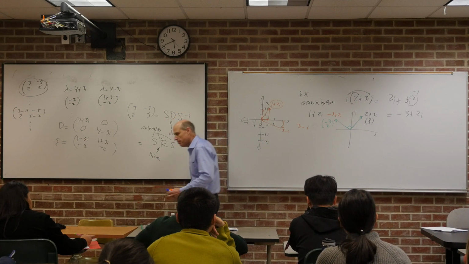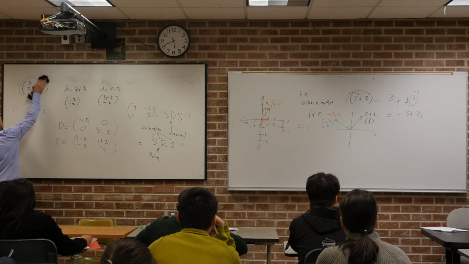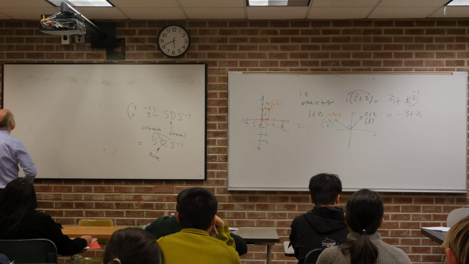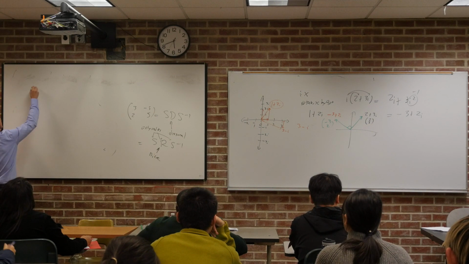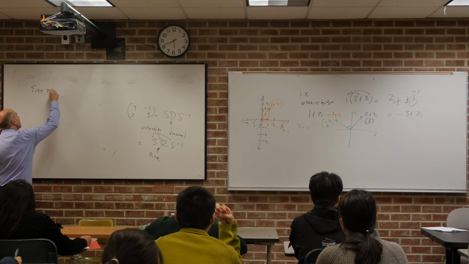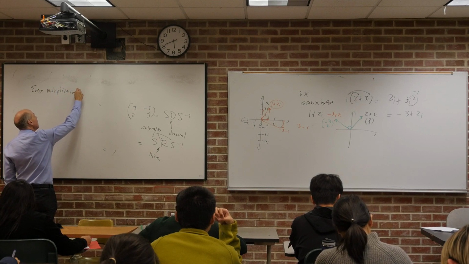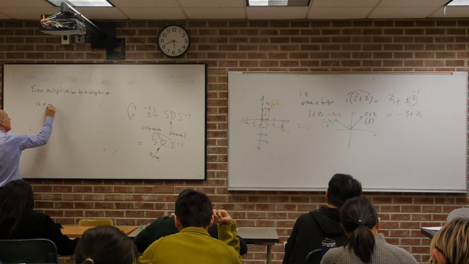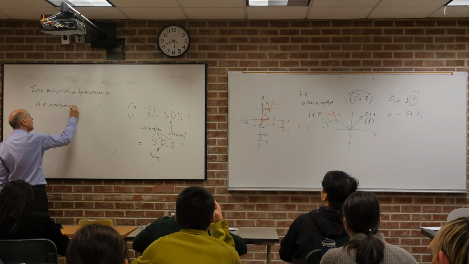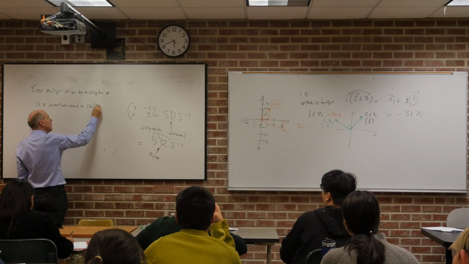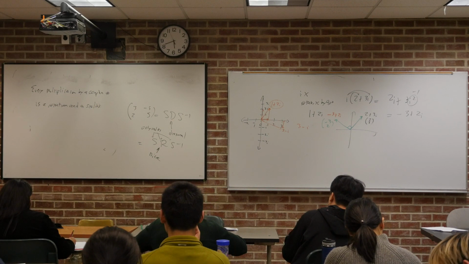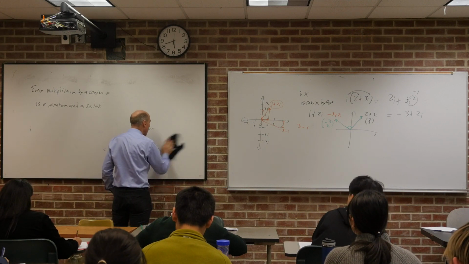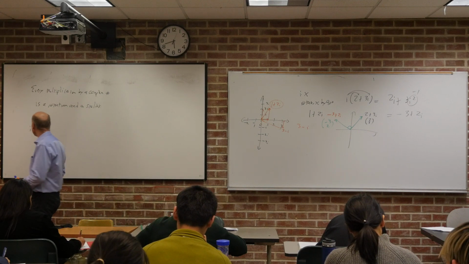And this is the secret. So multiplying by a complex number, by any complex number, is going to rotate by a certain amount and scale by a certain amount.